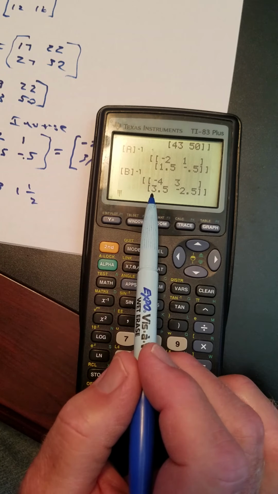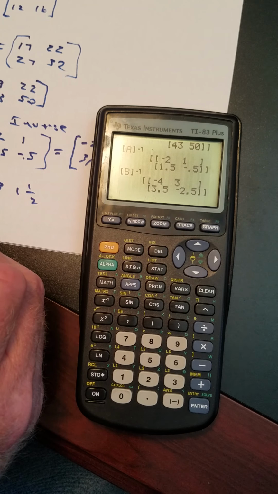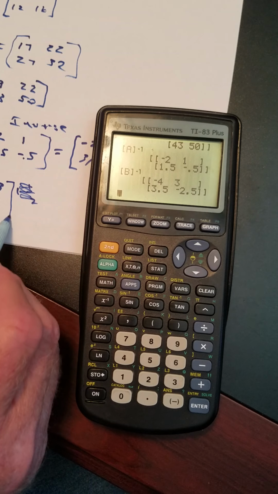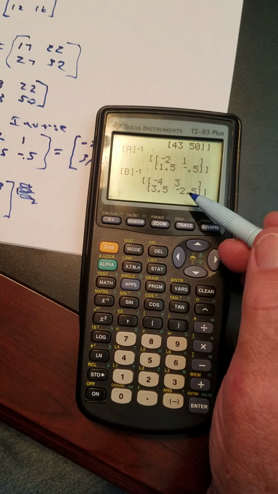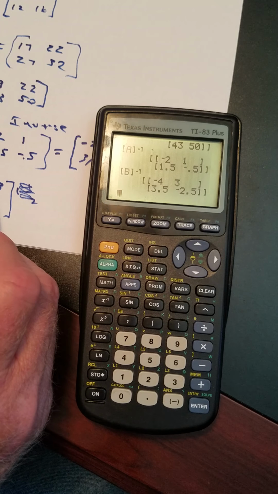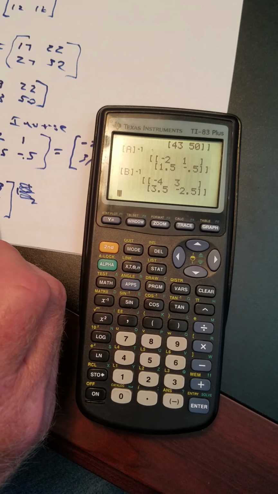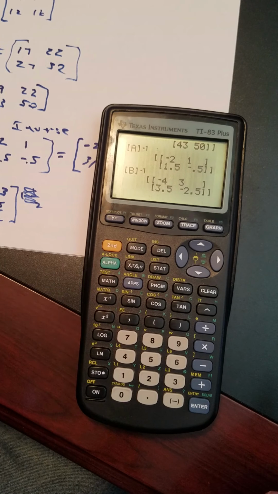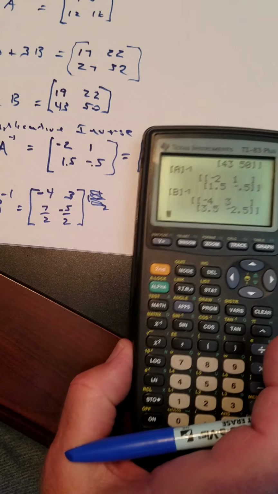Now I've got 3.5, or if it's a fraction, that's 7 over 2. And that's negative 2.5, or negative 5 over 2. So it really makes sense to use that to get your inverse.